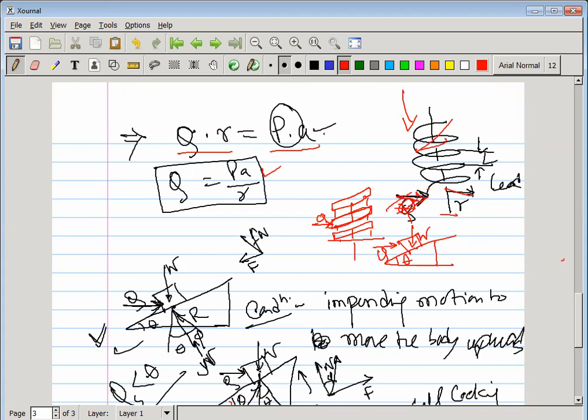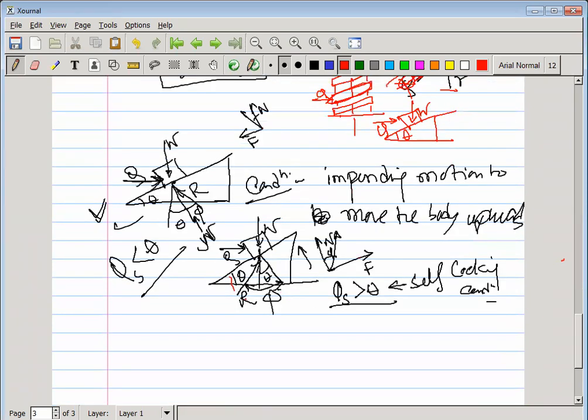And in that case, what should be the normal and the resultant? So for self-locking, theta is the angle, this angle, right. So theta is always less than phi s.